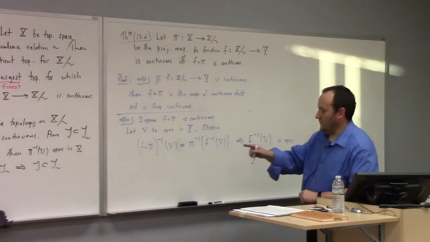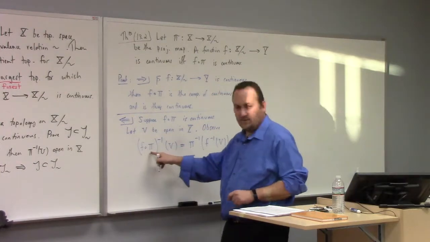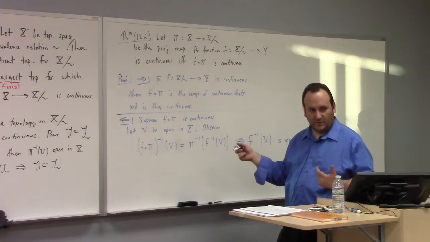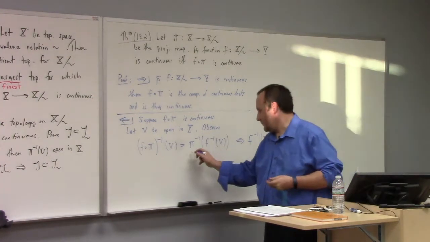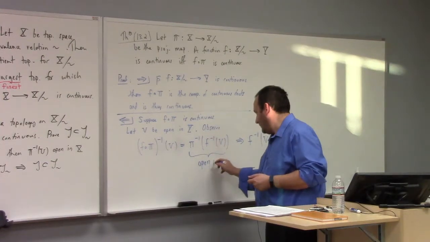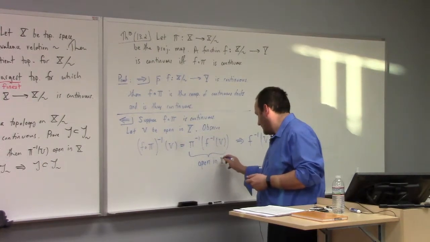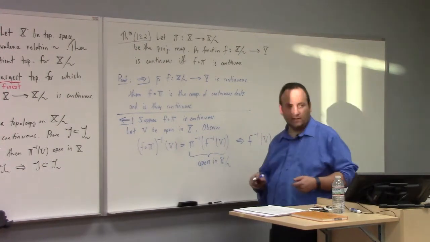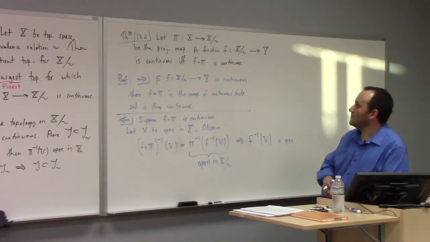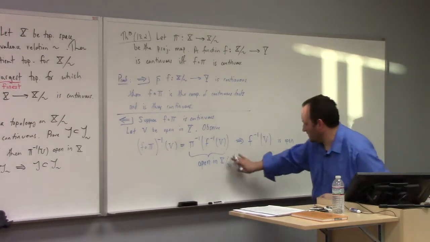Because we are assuming continuity of f composed with pi, which says that the inverse image of an open set is open, right? So this is open in X mod tilde, right? Did I do it wrong? Oh, it's open in X, excuse me. Yeah, thank you.